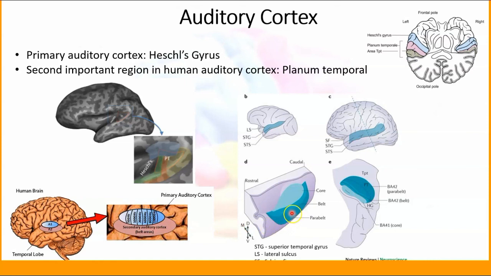Parabelt areas receive neural signals from belt areas and transmit the neural signals to auditory association areas related to memory or decision making. These areas prefer processing complex stimuli as compared to pure tones.